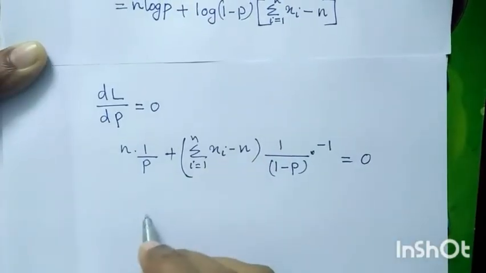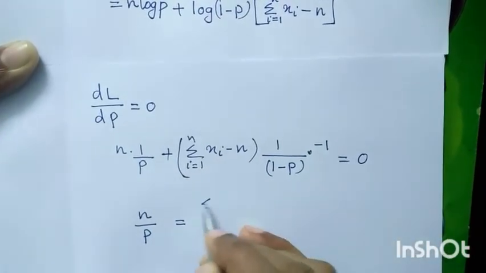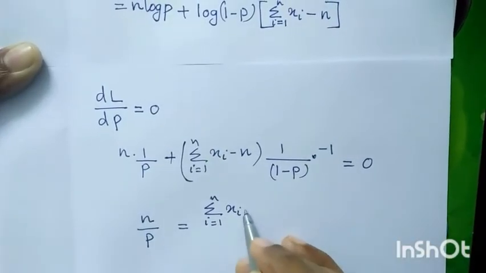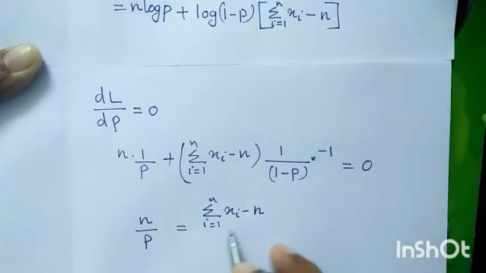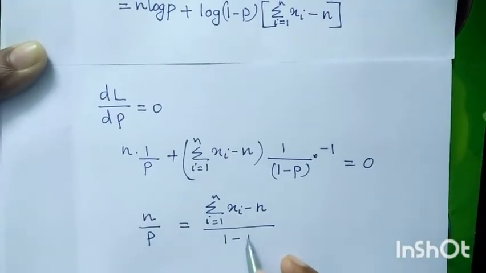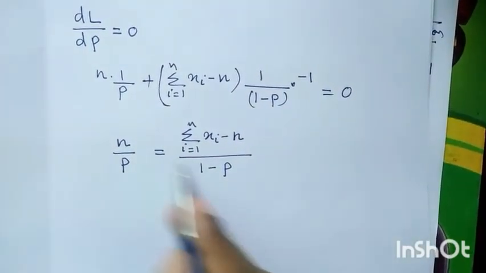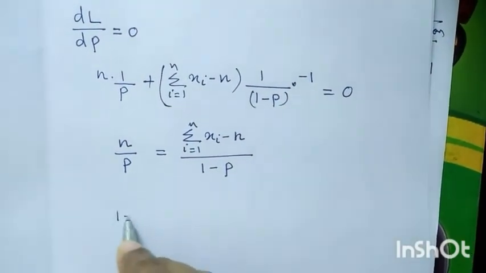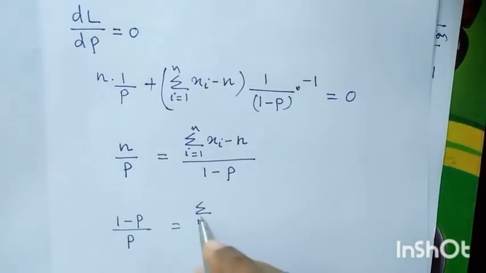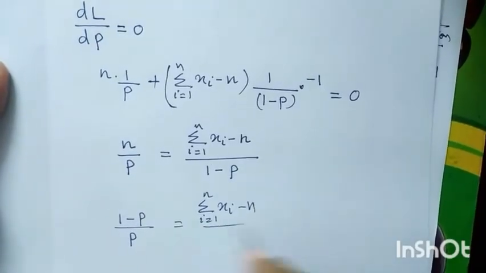So this equation will be n by p is equal to sigma i equal to 1 to n xi minus n, the whole divided by 1 minus p. In this equation we can cross exchange these two terms. So we can write 1 minus p divided by p is equal to sigma i equal to 1 to n xi minus n divided by n.